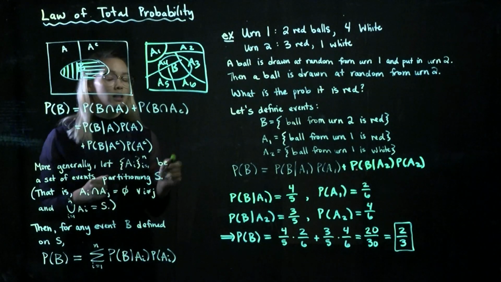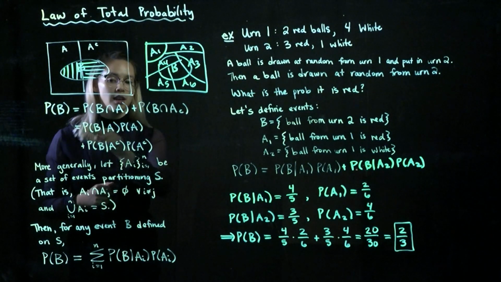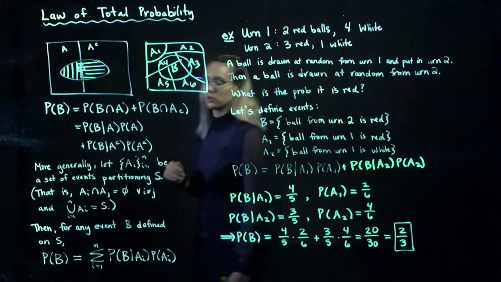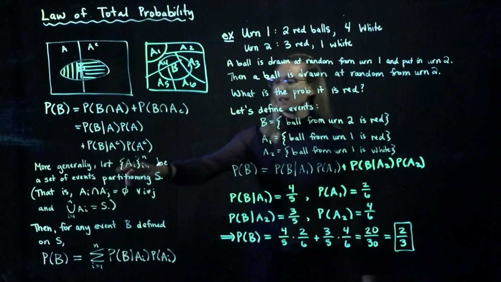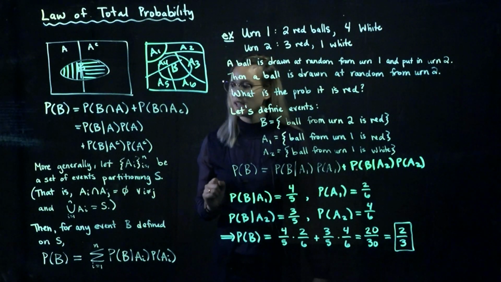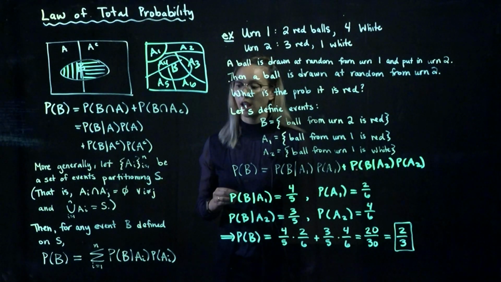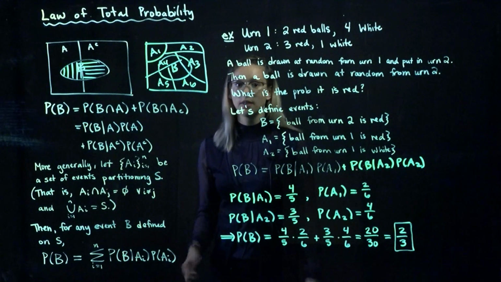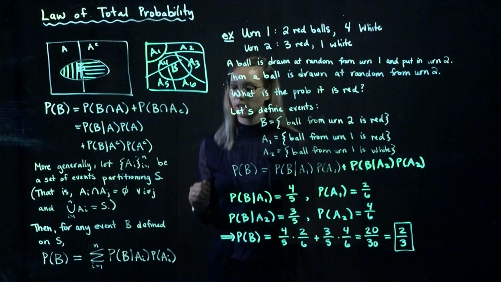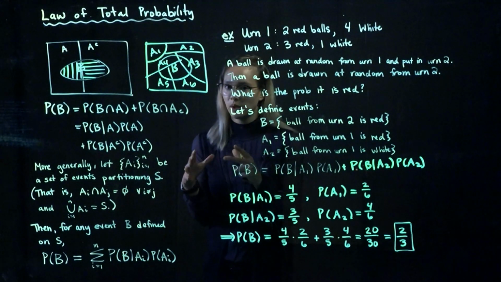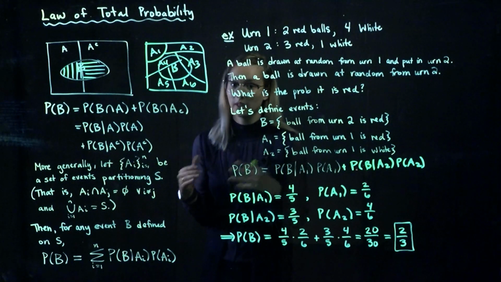And then we could write each one of those intersections using our conditional probability. So if we want to write that out, then we could say we're going to let Ai, from i equals 1 to n, be a set of events partitioning S. What partitioning means is that if we take any two of these events, they have no overlap. In other words, their intersection is empty, as long as we're not looking at the intersection of an event with itself.